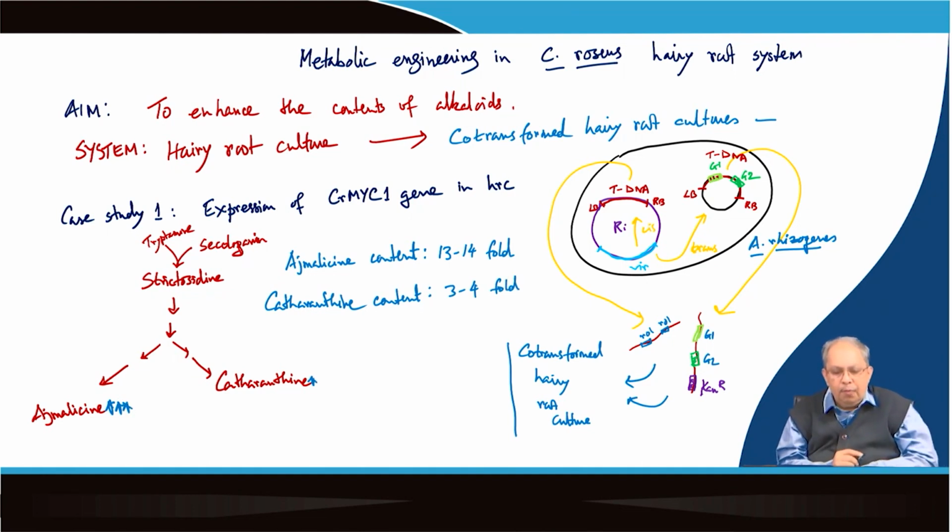So, to sum up, expression of Catharanthus roseus MYC1, which is a transcription factor gene, when this gene was transferred or overexpressed in hairy root culture of Catharanthus roseus, this leads to enhanced production of indole alkaloids, and particularly the impact was seen with the azmalicin content as well as in the catharanthin content.